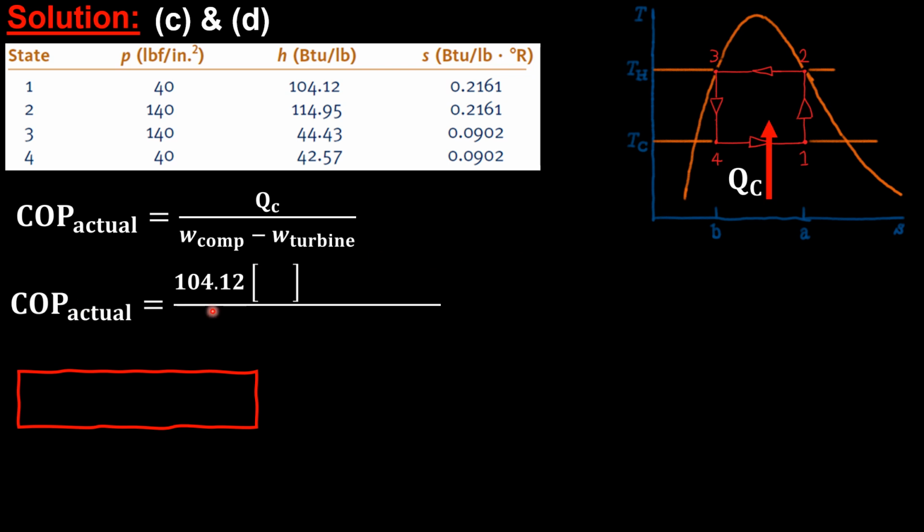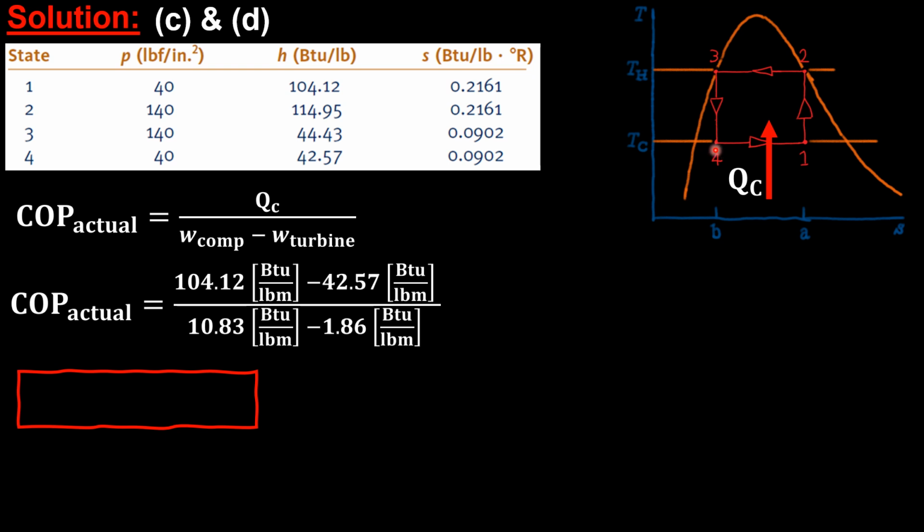So the COP actual, and remember, cooling load is how much heat is being absorbed from state 4 to state 1. So state 4 is 42.57, it absorbed heat and it became 104.12. So that's the difference, divided by the work of the compressor, that's the input work, minus the output work from the turbine.